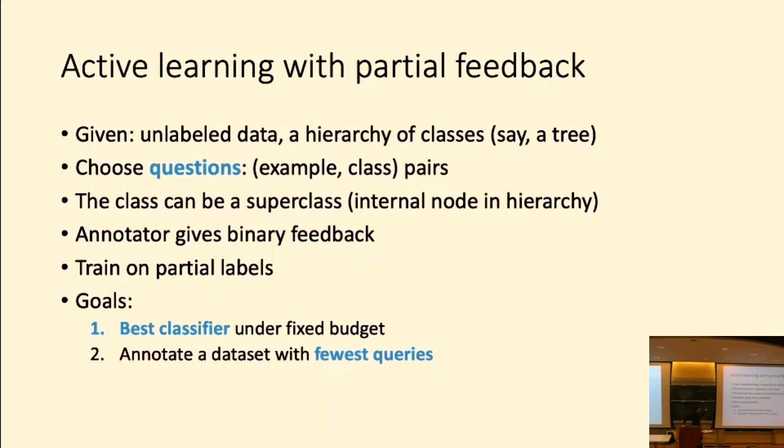Cool. All right, so then the annotator will give us binary feedback, and so we have a few parts. One is, now we have a more complicated structure where we want to choose a query: we're not just choosing examples, but we're choosing these example-class tuples. And the next part is that after we ask a question, like, is this image depicting a dog, what we have left is a partial label.